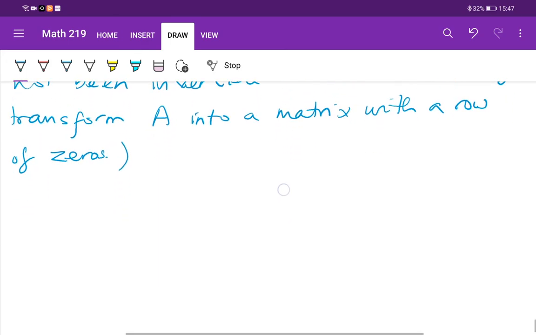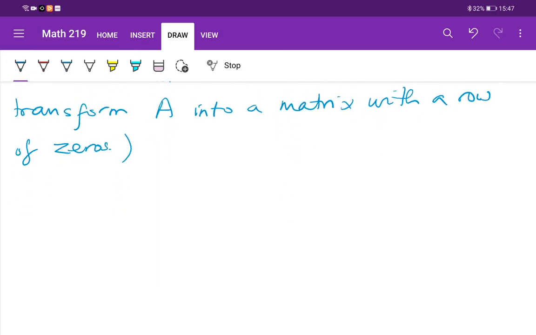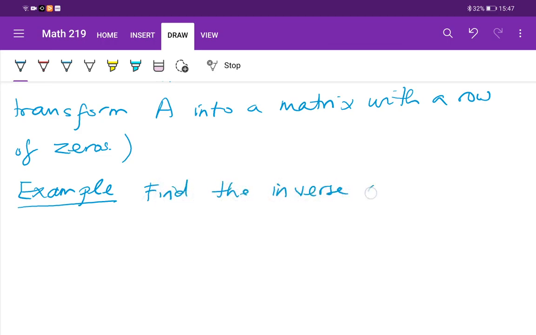Okay, a quick example. Find the inverse of the matrix A equals 1, 2, 3, 0, 1, 4, 5, 6, 0 using the Gauss-Jordan method.